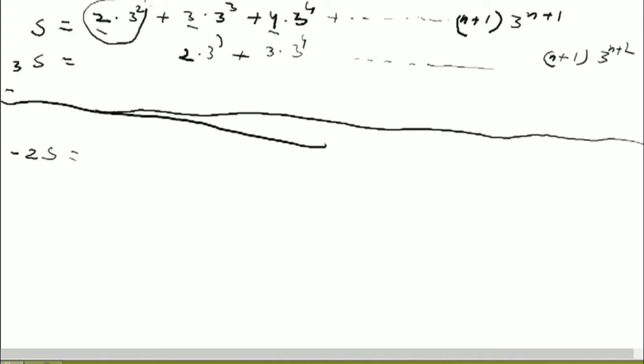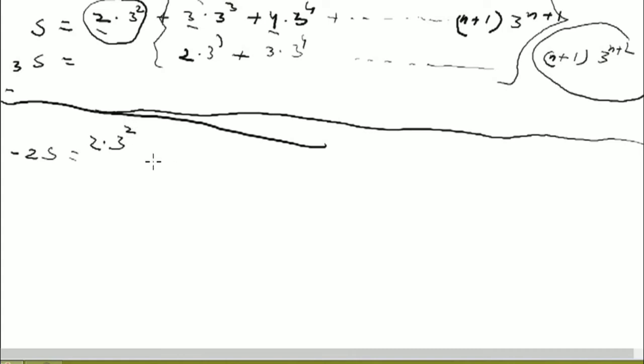are not getting involved in the process of addition or subtraction. The first term I will write as it is, 2 into 3 square, plus, now on subtraction, 3 minus 2, 1 into 3 cube plus 1 into 3 to the 4, like this.